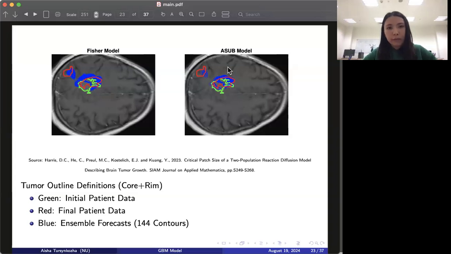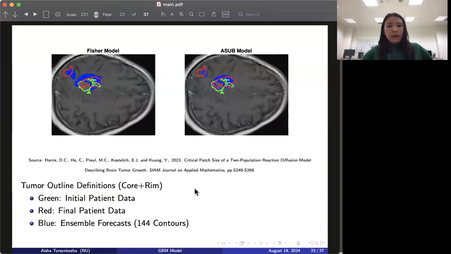For their SUP model, they also use a two-population model, with proliferative cells and quiescent cells that are not moving or growing. They're just in the silent phase.